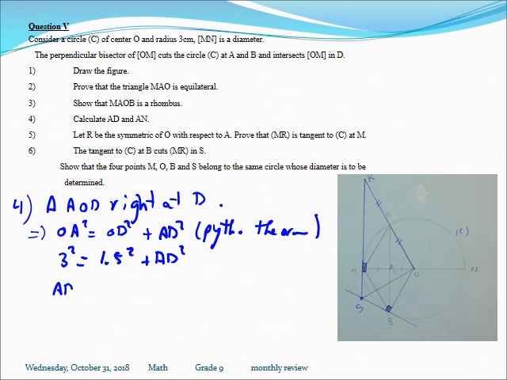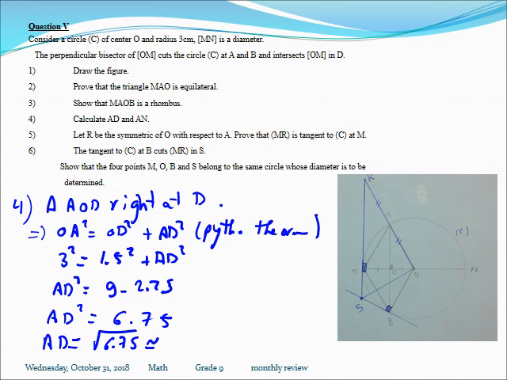So AD squared equals 9 minus 2.25, so AD squared equals 6.75. So AD equals radical 6.75, approximately 2.5.